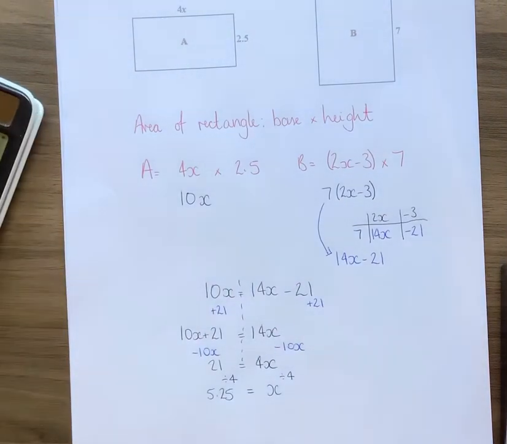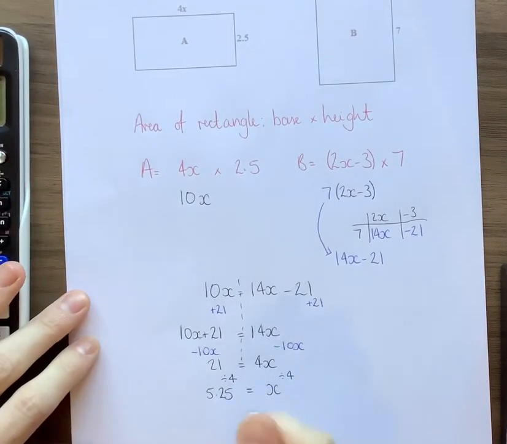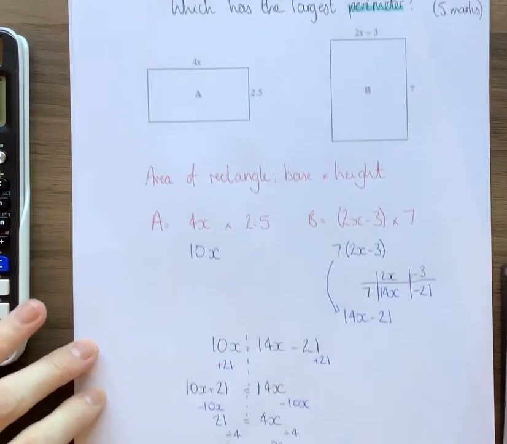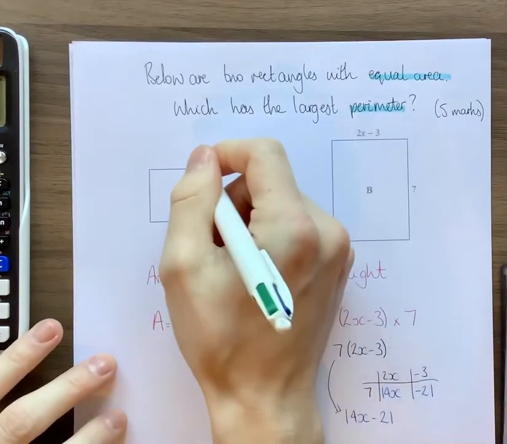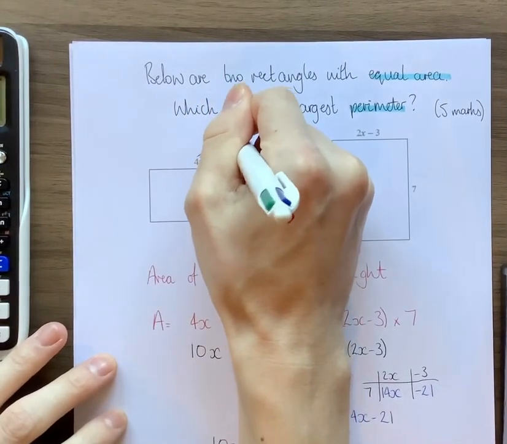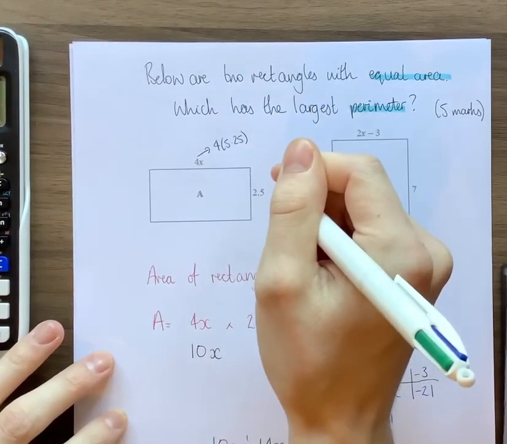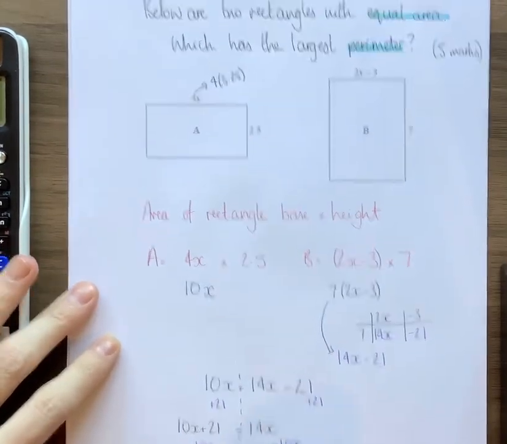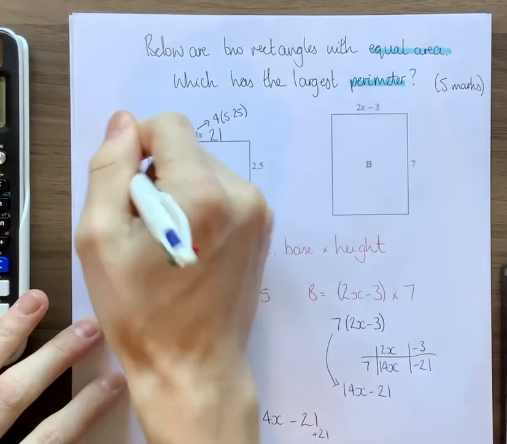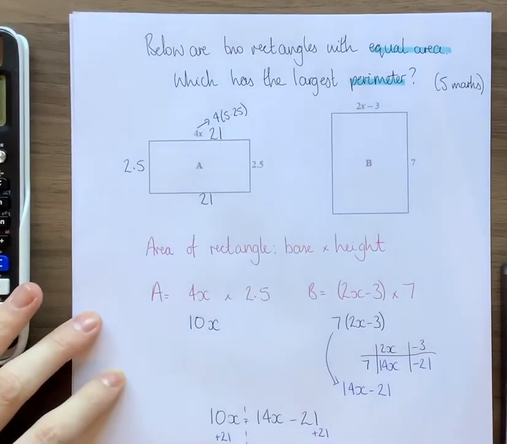Now, in order to carry on from this, I need to decide which has the largest perimeter. So I'm going to substitute my value of x back into these original values to work out the lengths. So 4x: here I've got 4 times 5.25. Now we know 4x is 21, so I know that that length's 21, that length's 21, and that length must be 2.5.